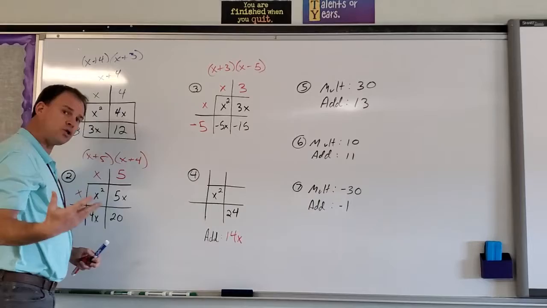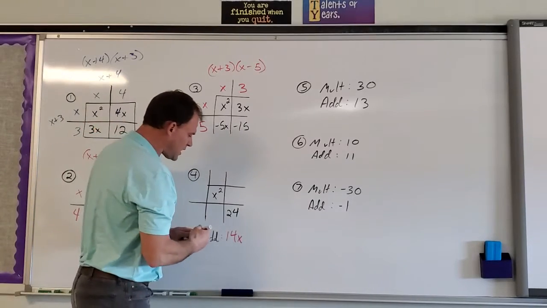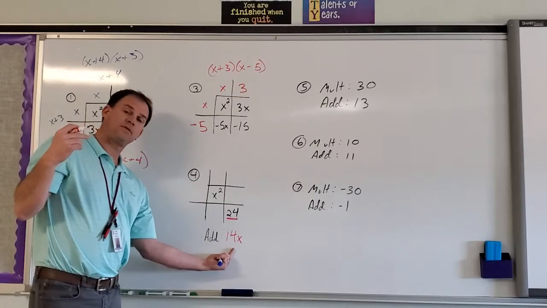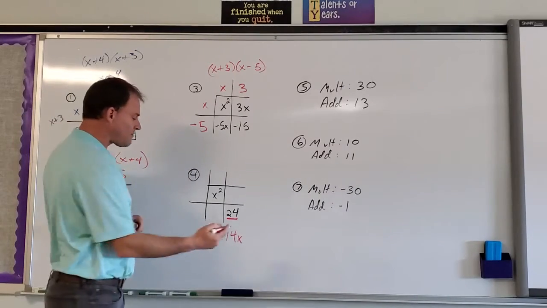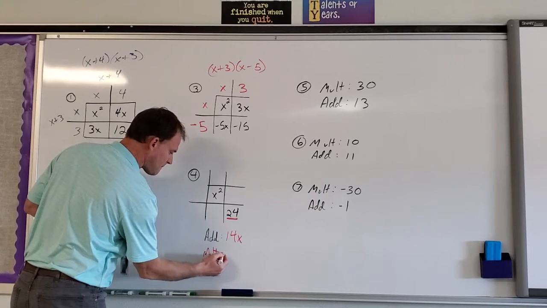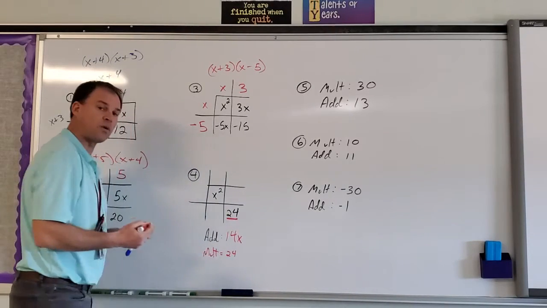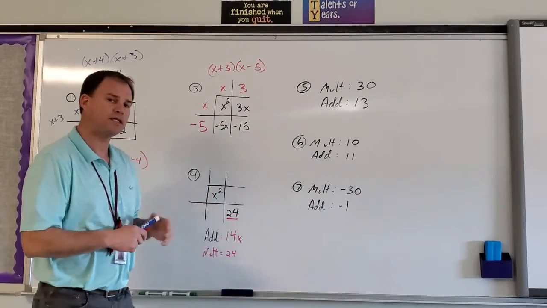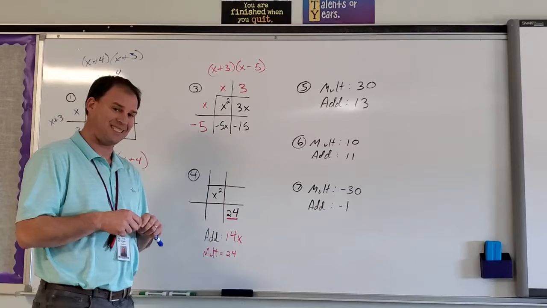So I didn't tell you, but I also gave you this other piece of information. So the two numbers have to add up to 14x, but they also have to multiply to equal 24. So, can you think of anything that multiplies to be 24 and adds to be 14?